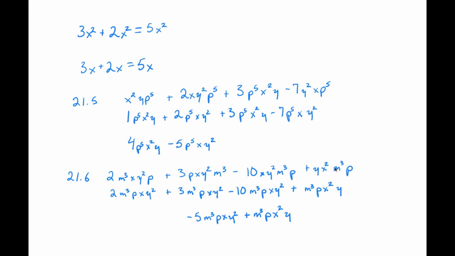All right, we'll do one more. Pause if you need to finish writing. I'm going to clear the page. Press play when you're ready to move on. All right, 21.7. This is the last problem of the lesson. I know you're happy about that. This is not a terribly long one.